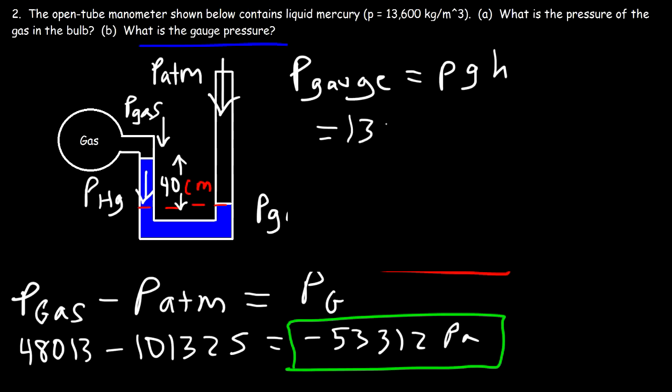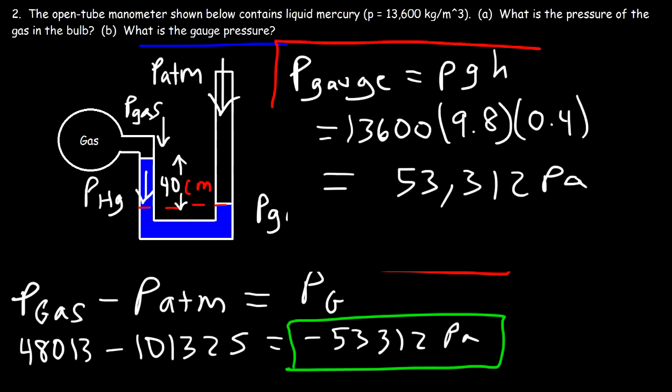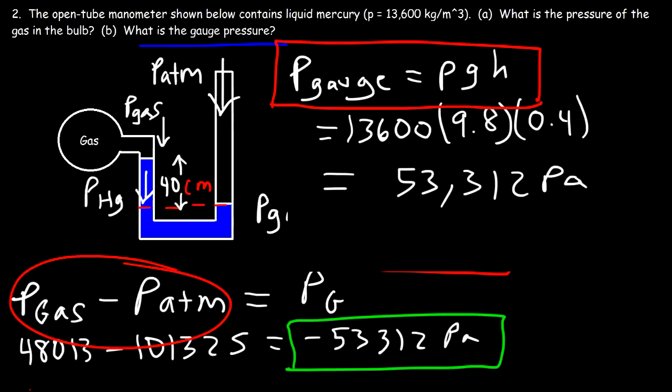Because if you just plug in 13,600 times 9.8 times the height difference of 0.4 meters, this will give you the same magnitude, but not with the appropriate sign. So be careful when calculating the gauge pressure using this formula. You're going to get the right number, but if the sign is important, you may want to do it this way. So remember, in order to calculate the gauge pressure, you're comparing the pressure of something important, in this case like the gas, with respect to the atmospheric pressure.